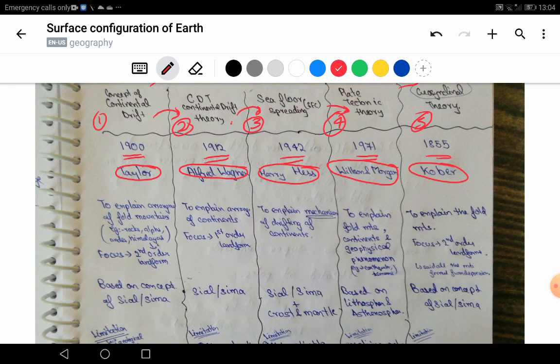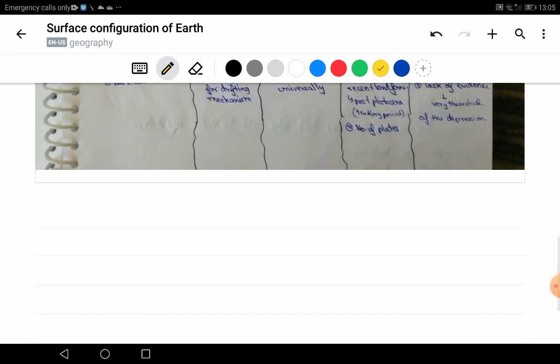First let's check why each theory was given and what basic things they explained. The concept of continental drift focused on fold mountains like the Rockies, Alps, Himalayas and Andes. These are second order landforms.